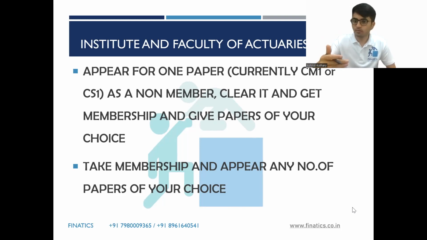Once you have sat for this paper and cleared it, you have to take membership, and then you can start giving any paper of your choice and multiple papers as well. As a non-member, you can just give one paper, either CM1 or CS1.